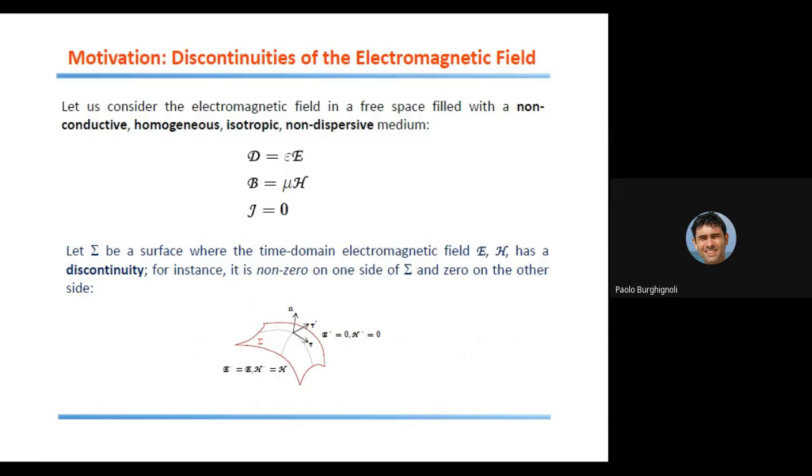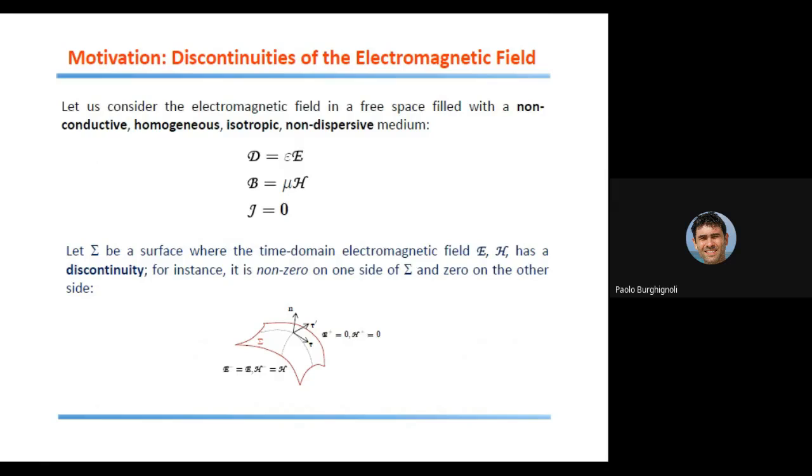And let us consider, inside this infinite space, entirely filled with this homogeneous medium, a surface, let us call this surface sigma, where by assumption our time domain electromagnetic field has some sort of discontinuity. So we are interested in studying surfaces of discontinuity of the electromagnetic field.